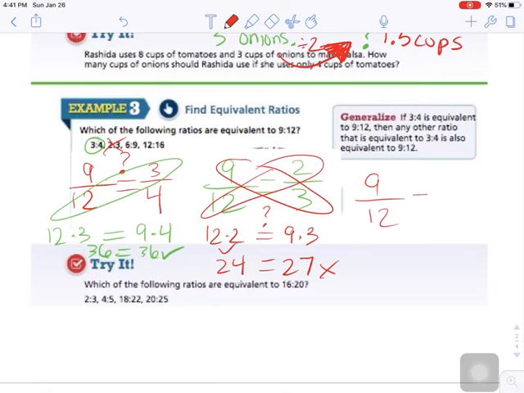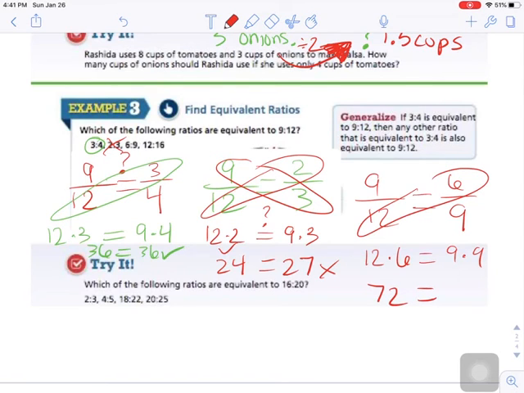So if we have 9 to 12, is this equal to 6 to 9? So I have 12 times 6. Is this equal to 9 times 9? So 12 times 6 is 72. Is this equal to 9 times 9, which is 81? These are not equivalent, so 6 to 9 is not an equivalent ratio.